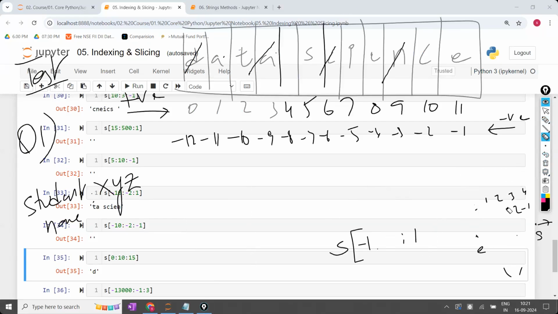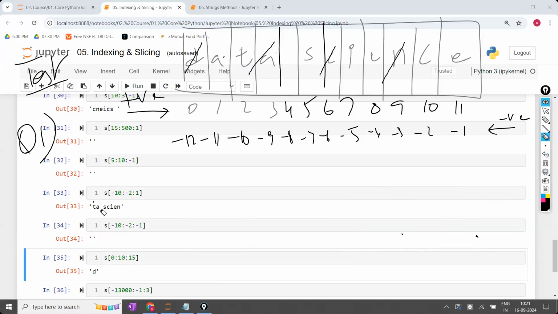Even in this other example, the starting point is -10 and the ending point is -2, and the direction is negative. If it is negative, obviously the starting point has to be included here also. So when it is not possible to move in that direction, the starting point will not be there, the ending point will not be there, nothing will be there. Is the point clear?